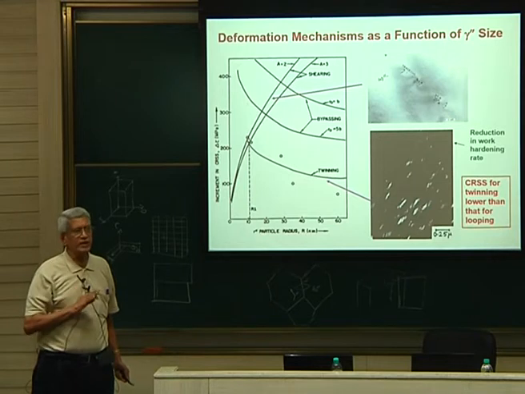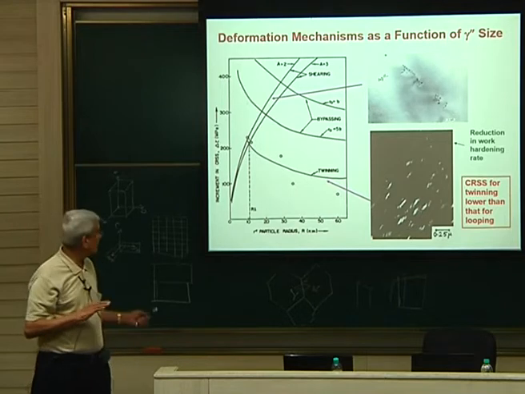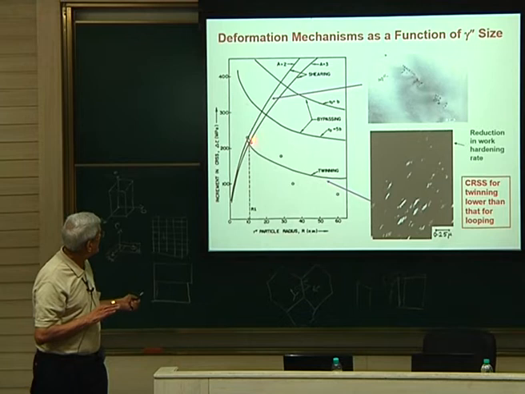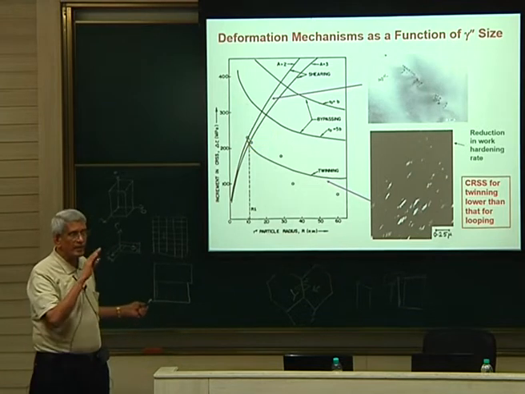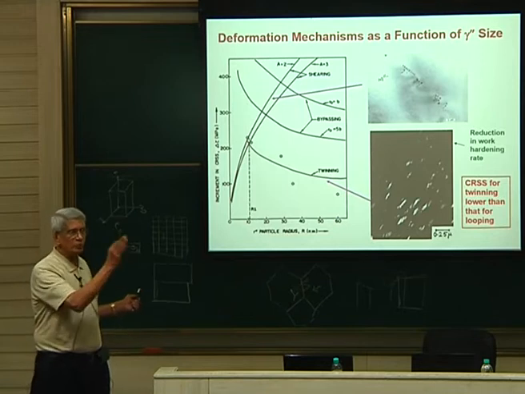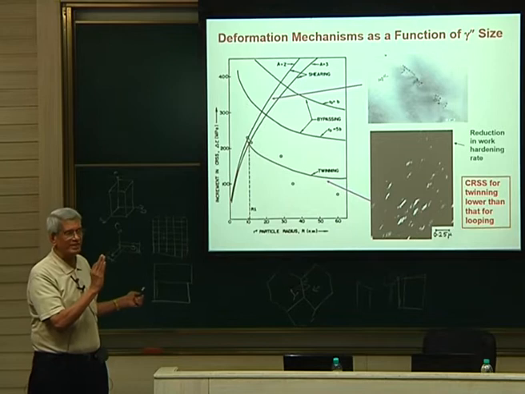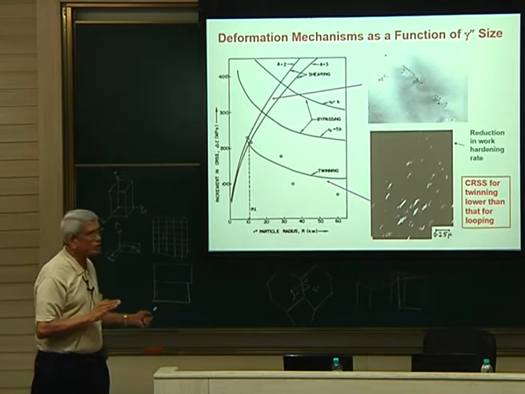At a peak aged condition, when you say peak hardness, the full volume fraction has come. The full dotted line should correspond to that. Beyond that, there will be small changes. This is with respect to the mechanism I am looking at. As far as the volume fraction is concerned, these two need not be the same.